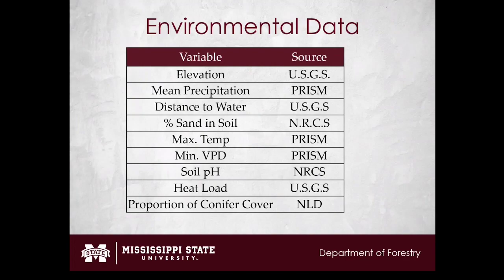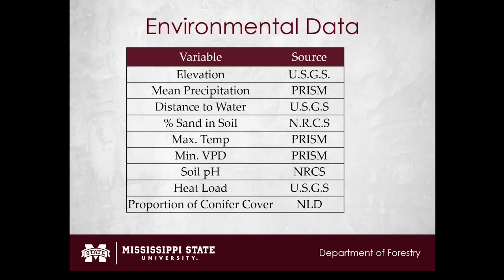Also, some climatic variables, max temp, and min VPD, which is minimum vapor pressure deficit. That's a way to look at how much water is in the air. It's not exactly like humidity, but kind of like it. And then soil pH, and heat load, which is just another way to look at the aspect.